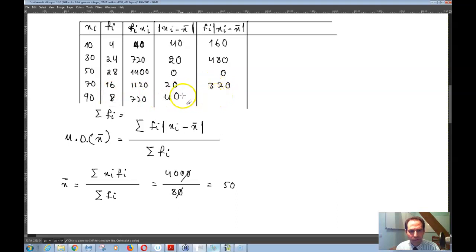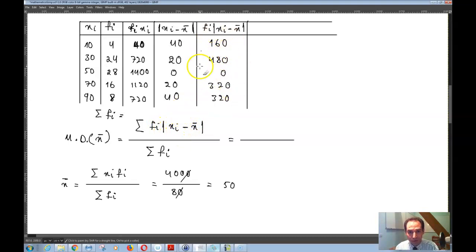And that's 320, right? So now you can calculate sigma f sub i times the absolute value of x sub i minus x bar.